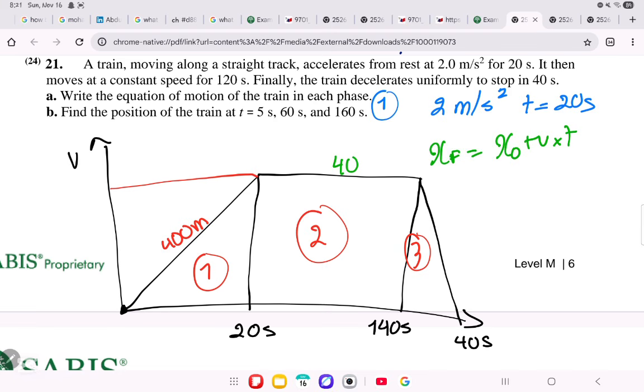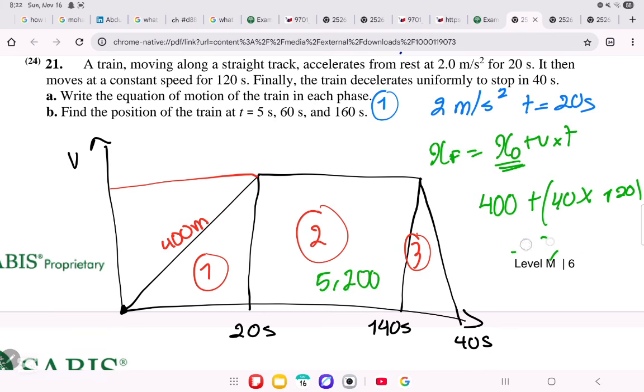My x initial is what we found initially. This was 400, right? That means over here, he reached 400 meters. So x initial would be 400. So 400 plus the velocity, which is 40, times the time, which is 120 seconds. So you would get 5,200. Don't forget 5,200.